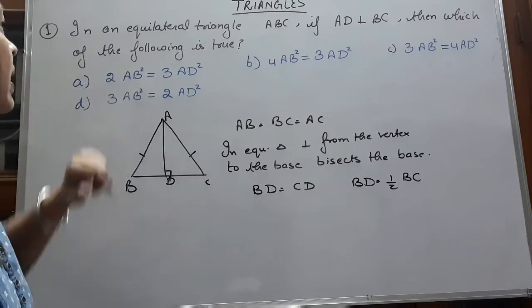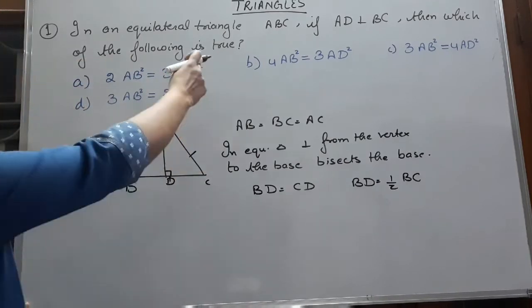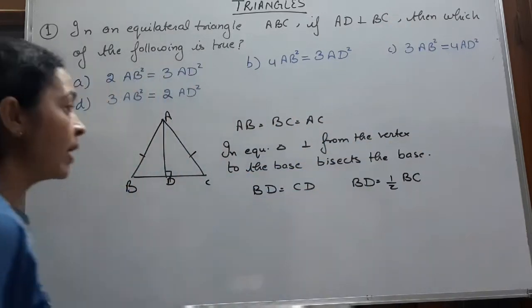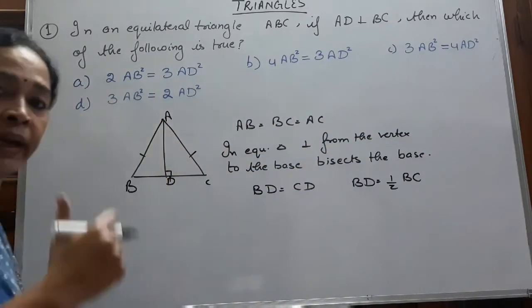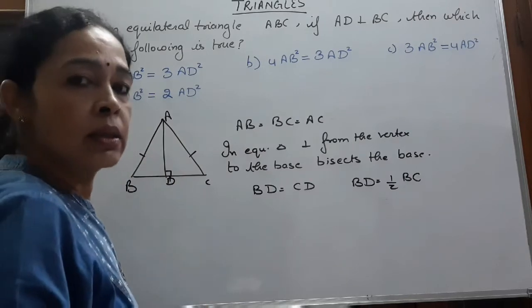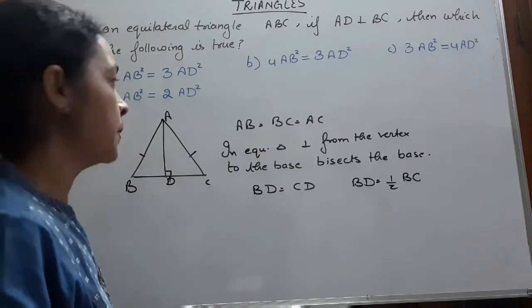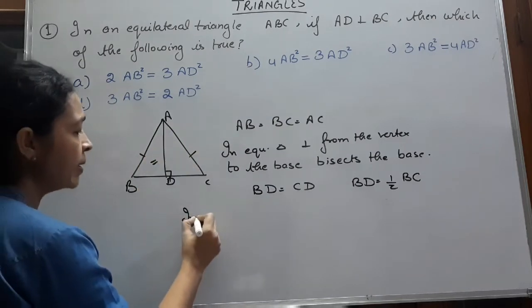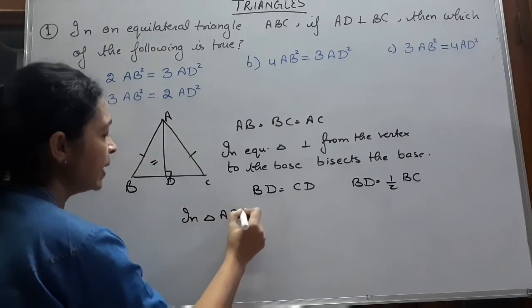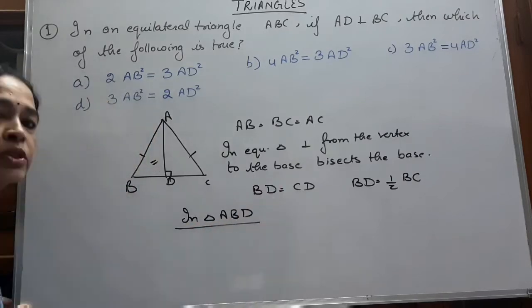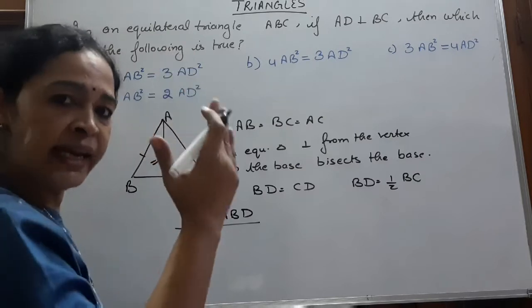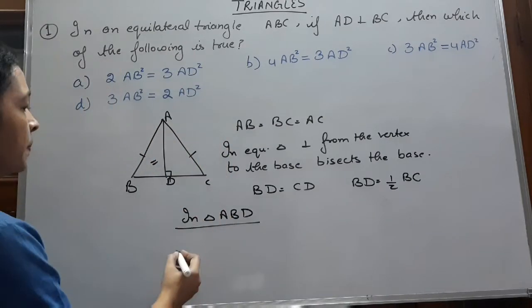We have 2AB square equals 3 times AD square. Look at the right hand side. Everywhere we have AD square. Square comes in Pythagoras. Now let's take triangle ABD. In triangle ABD, as per Pythagoras theorem, hypotenuse square equals base square plus height (perpendicular) whole square.